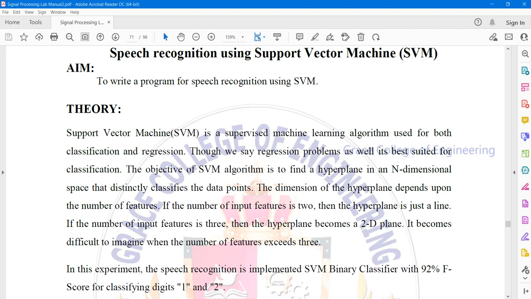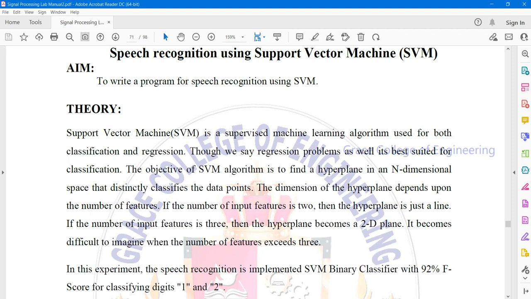The main objective of the SVM algorithm is to find a hyperplane in an n-dimensional space that distinctly classifies the data points. The dimension of the hyperplane depends upon the number of features we are using.